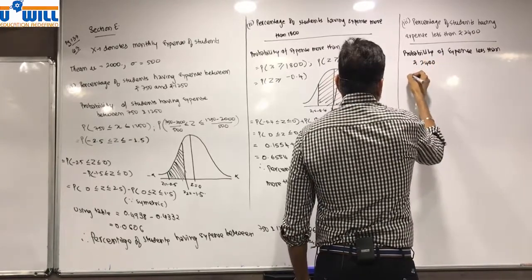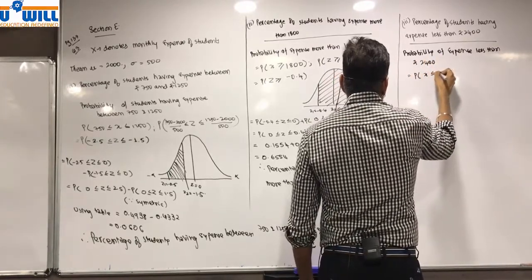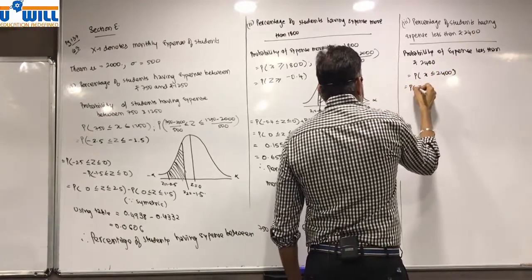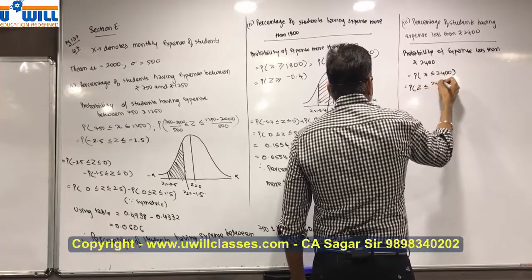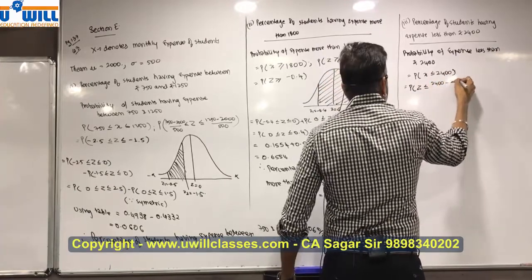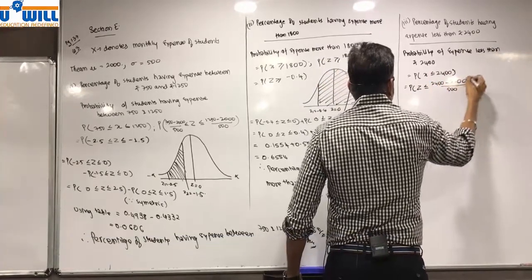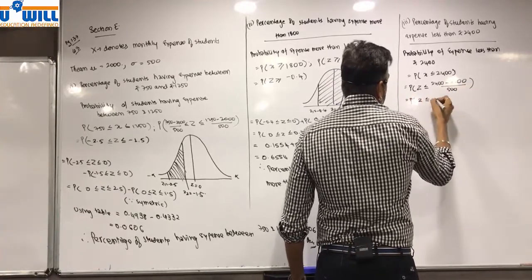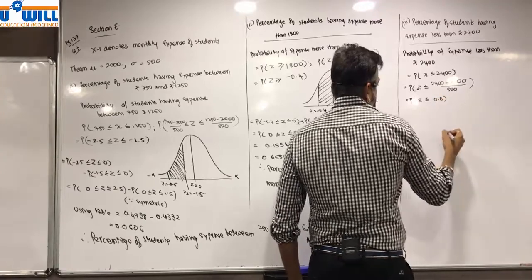It's equal to probability of x less than equal to 2400. We convert it into z less than equal to x minus mu upon sigma, which is equal to probability of z less than equal to 0.8.